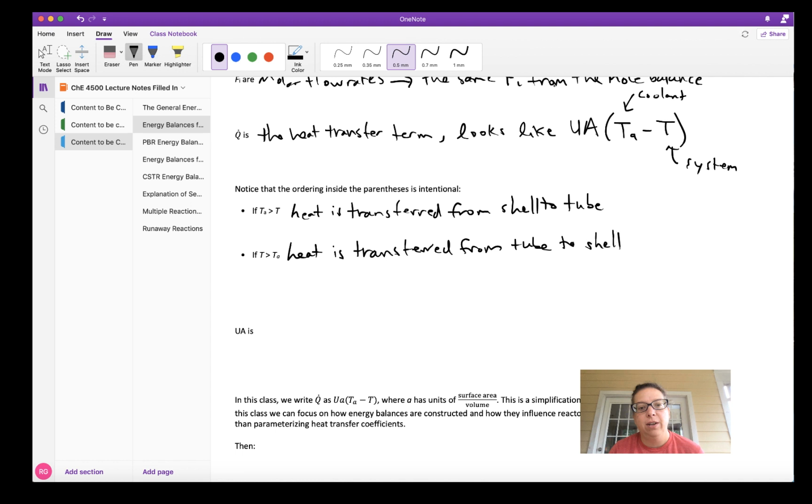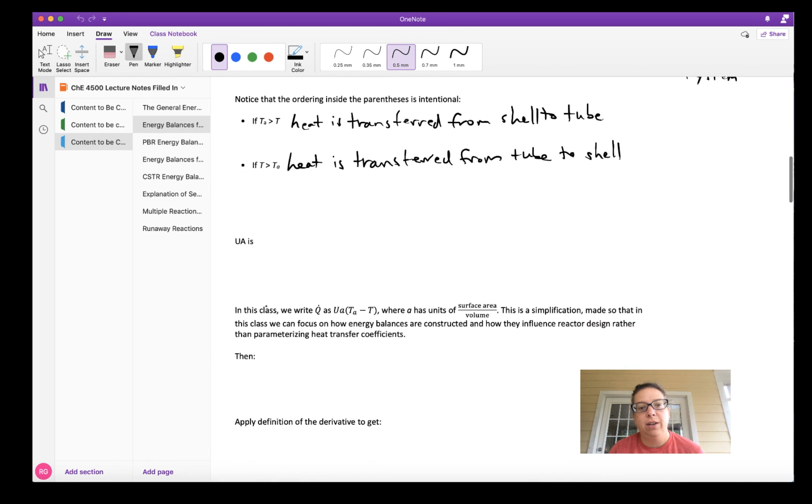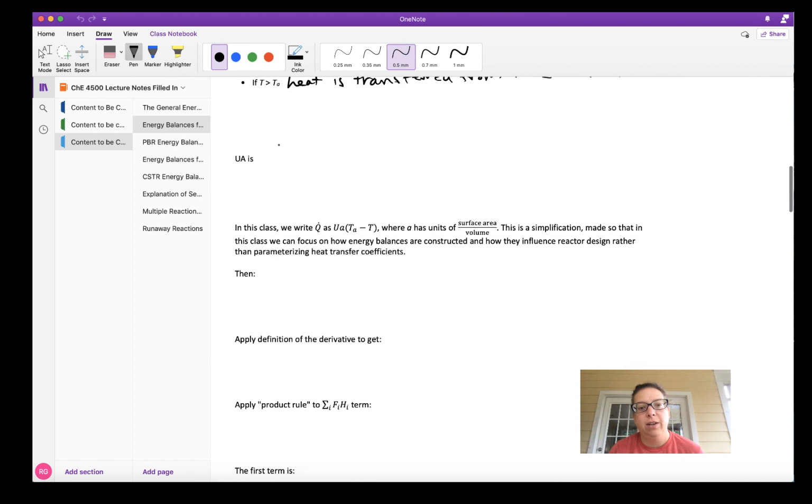The nice thing about this heat transfer term is that we don't have to make a decision about what is going on. It's already embedded in the way that we wrote our Q term. That means at some points in the reactor, we might have heat transferring one way, and at other points in the reactor, we might have heat transferring the other way, and that's all determined by which fluid has the greater temperature. UA is the overall heat transfer coefficient times the area.